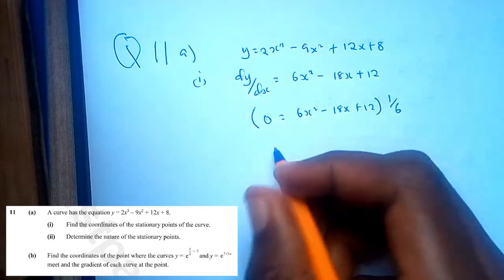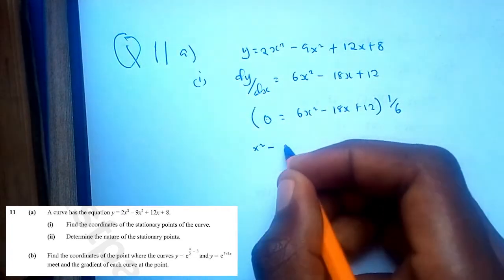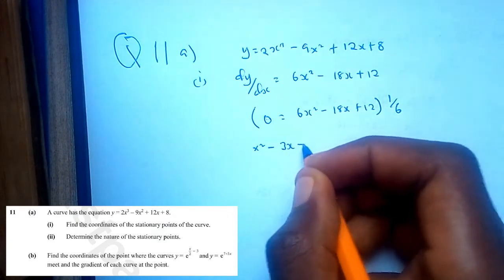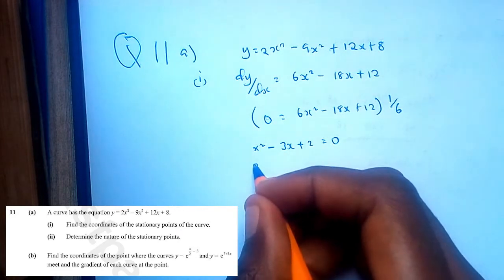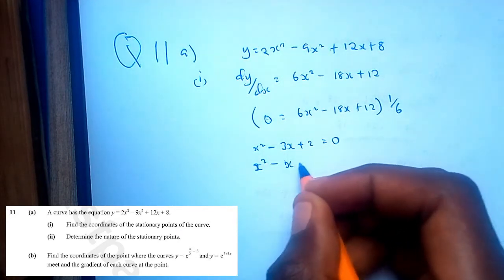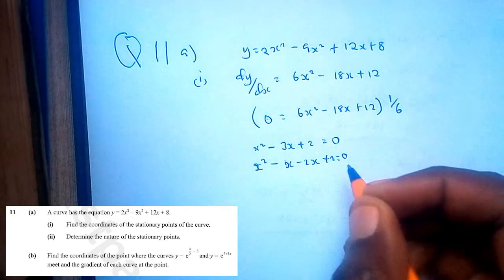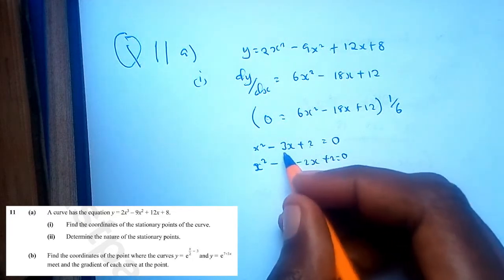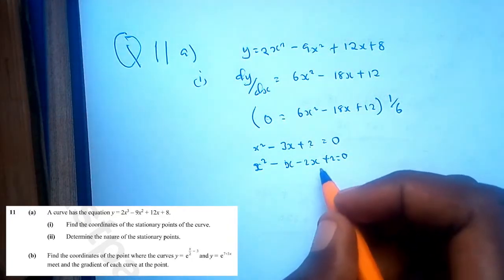So we can divide this by 6. Then this is going to be x squared minus 3x plus 2 is equal to 0. Then, x squared minus x minus 2x plus 2 is equal to 0, because the product is 2, the sum is negative 3, and the factors will be negative 1 and negative 2.